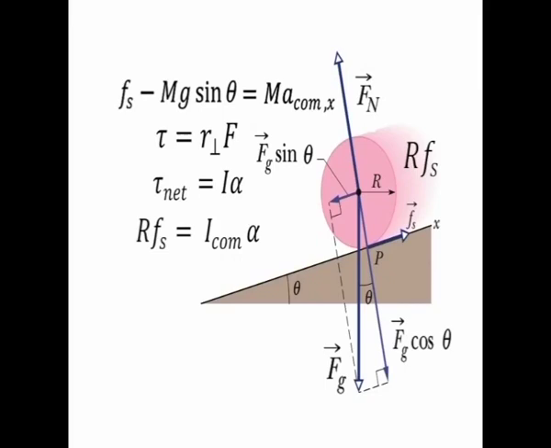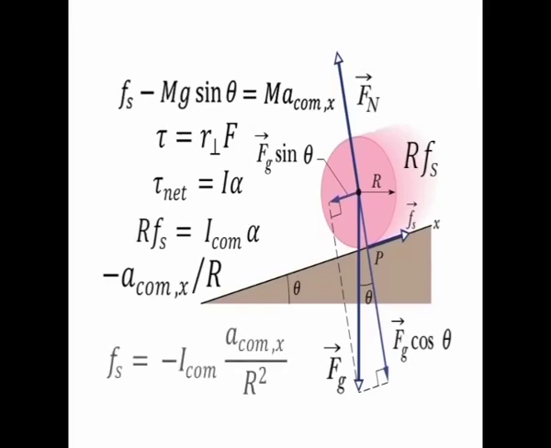Thus, we substitute minus a_COM,x upon r for alpha in the angular form of Newton's second law. Then, solving for Fs, we obtain Fs is equal to minus I_COM times a_COM,x upon r squared.